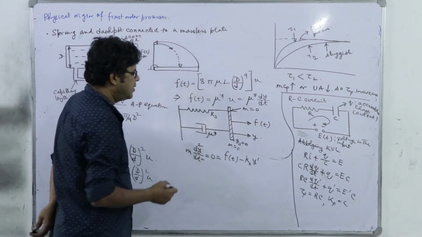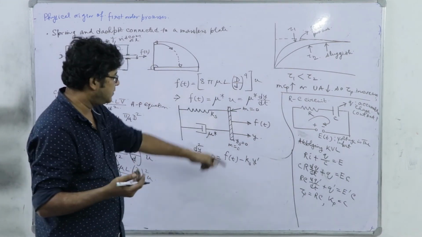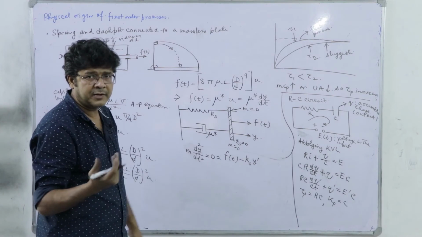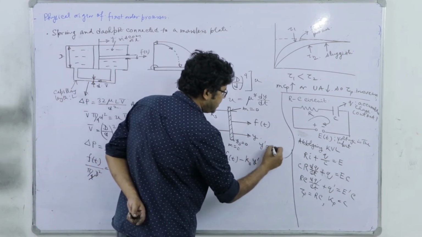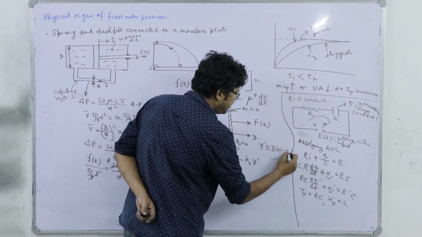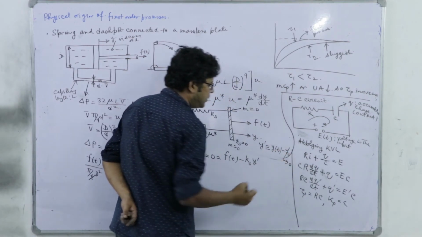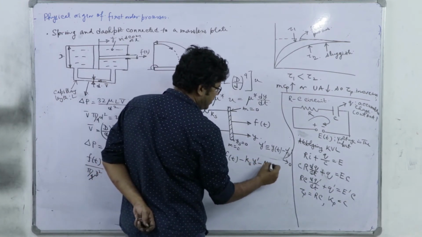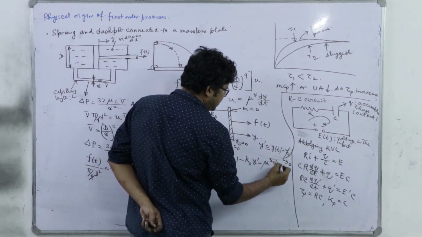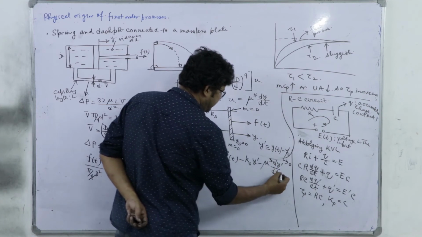Why y prime? Because y and y prime are the same as ys is equal to 0. The prime represents the deviation variable. So y prime is basically y(t) minus ys, and this is equal to 0, minus mu star into dy prime dt.